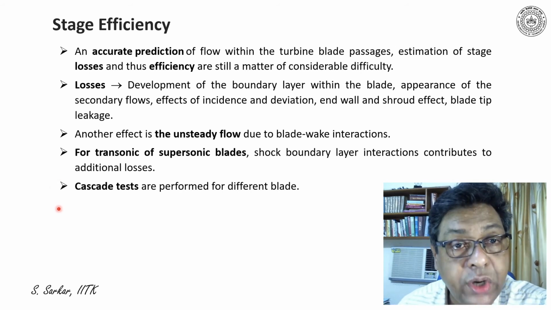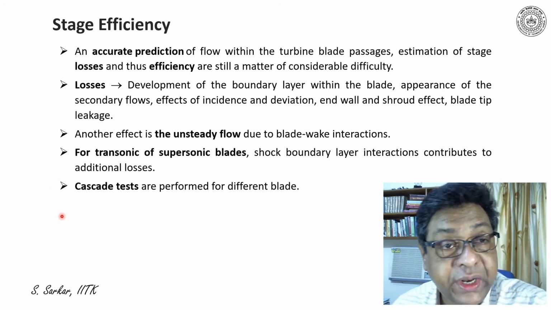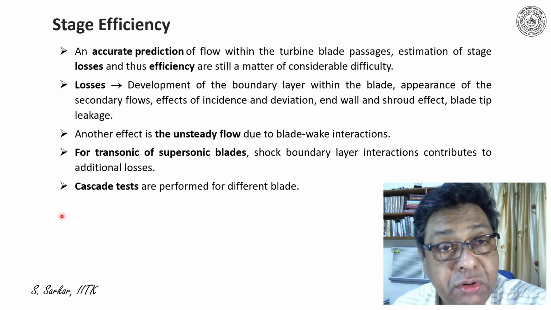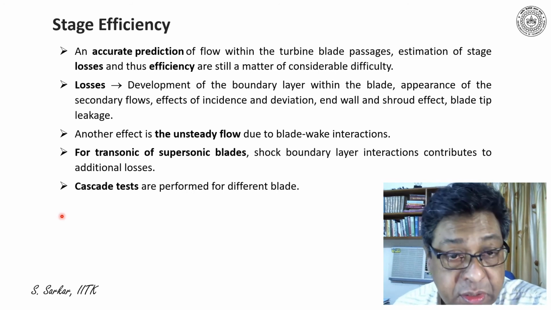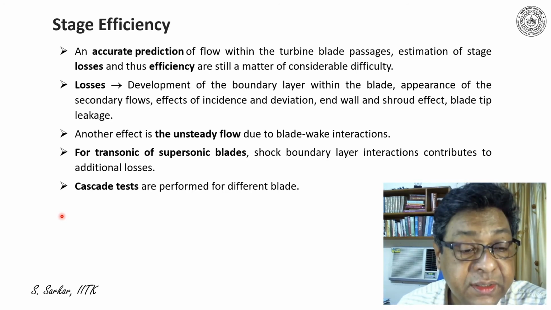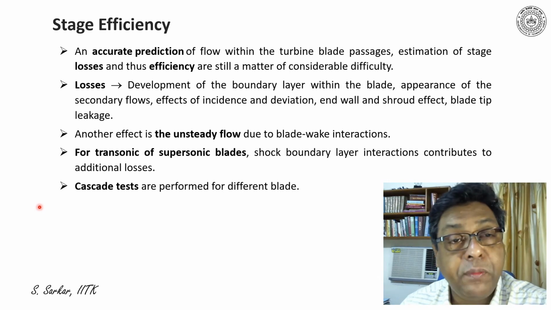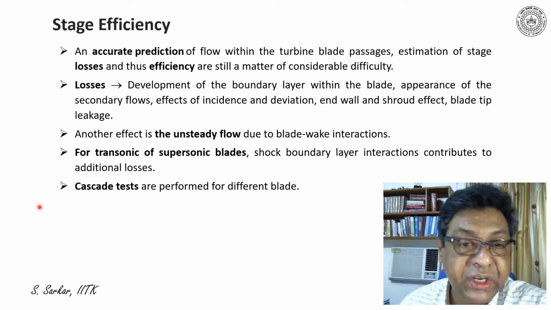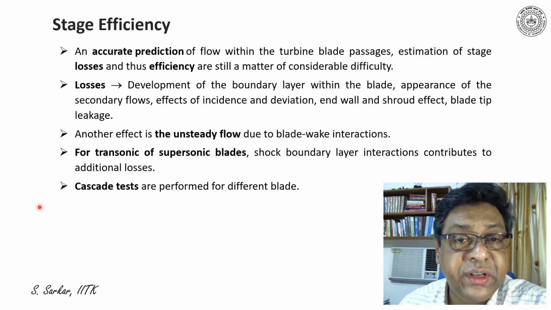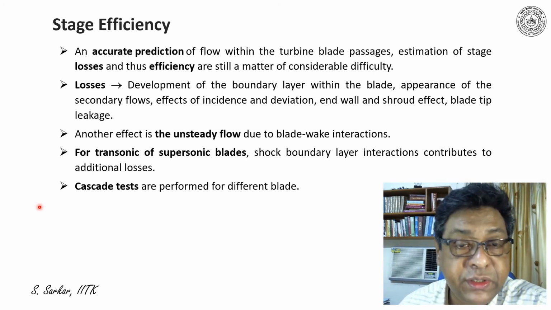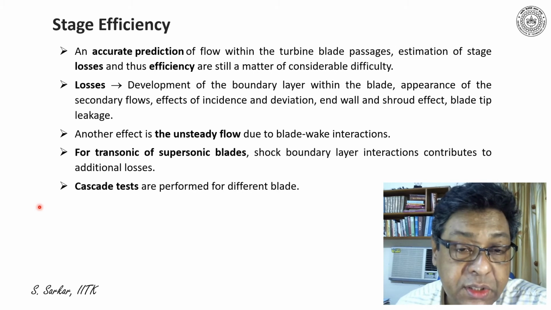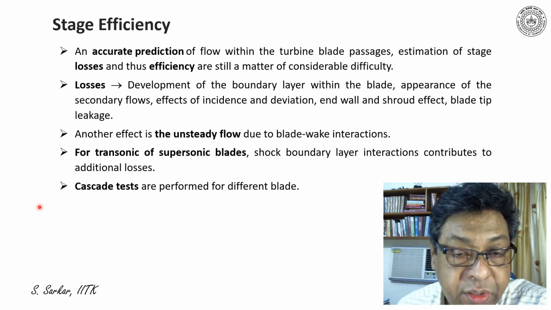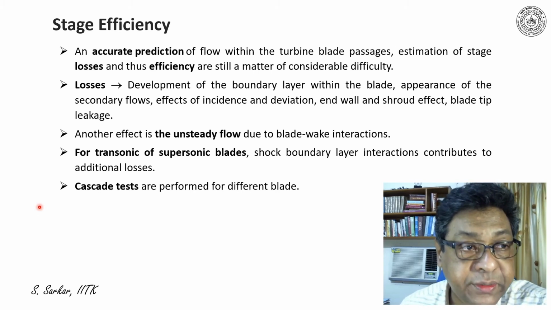Furthermore, for transonic and supersonic blades, there will be shock boundary layer interactions, often contributing loss. In general, cascade tests are performed for different blade configurations, and correlations are established to evaluate the losses and efficiency on turbine blades.